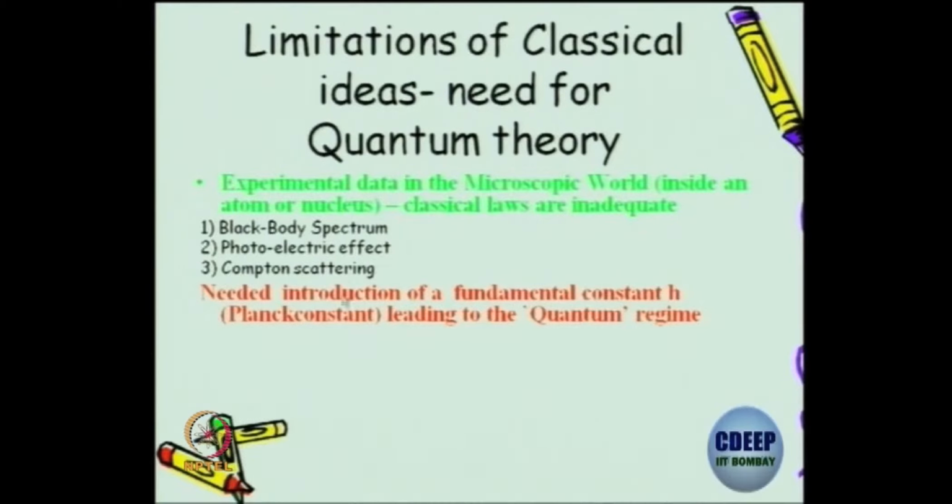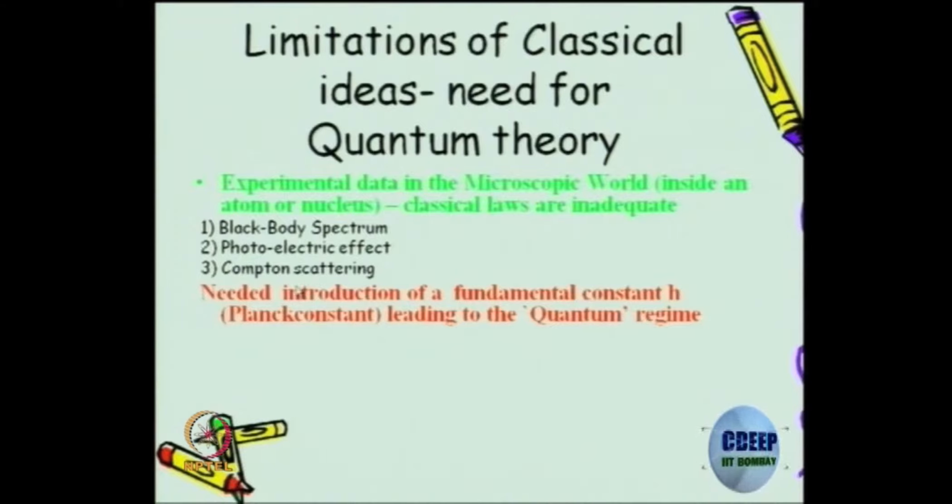One of the core important things which went into all 3 of these quantum aspects of the photon is the universal Planck constant. You did not put a constant which was different for the black body spectrum, or a different constant for the photoelectric effect, or for Compton scattering.